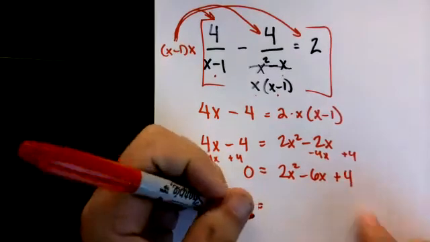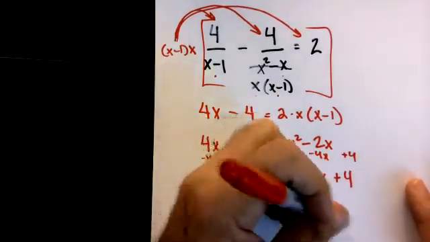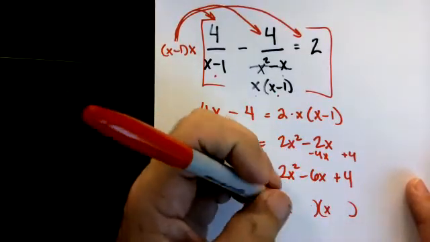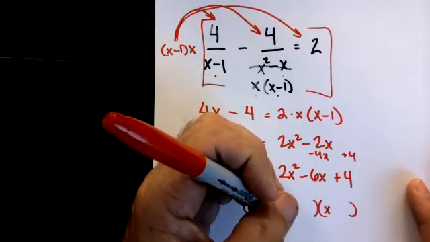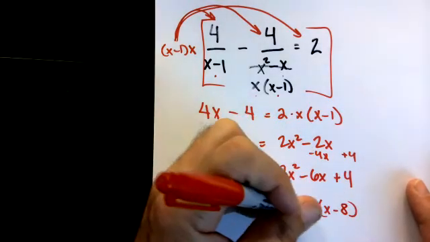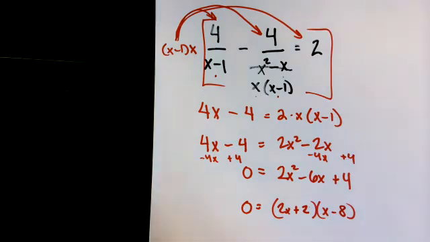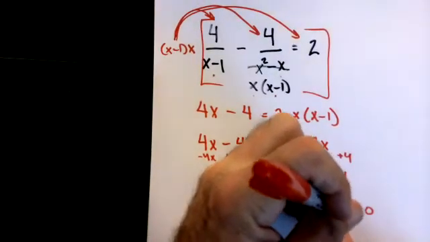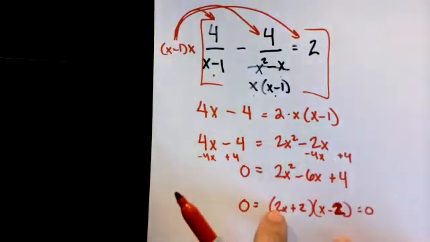Now, remember, to solve a quadratic, we got to factor it. Okay, we get 2x plus 2 and x minus 8. We set each of our factors equal to 0. And not x minus 8, sorry, that should be a 2. 2 times 2 is 4, okay.